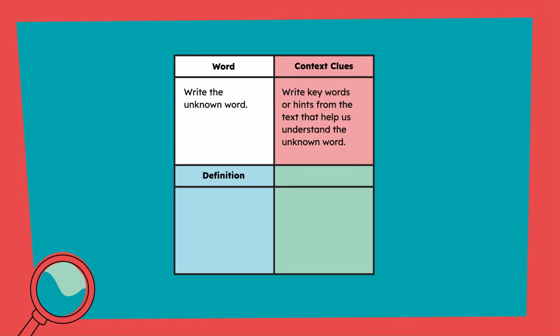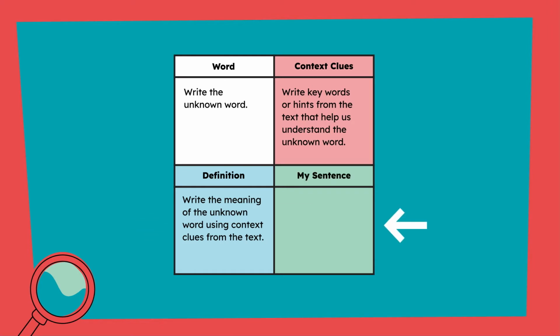Excellent! Now I labeled the third box definition. In this box, we are going to write the meaning of the unknown word using context clues from the text. Finally, let's label our last box sentence. In this box, we will correctly use the word in a sentence, showing understanding of the unknown word.